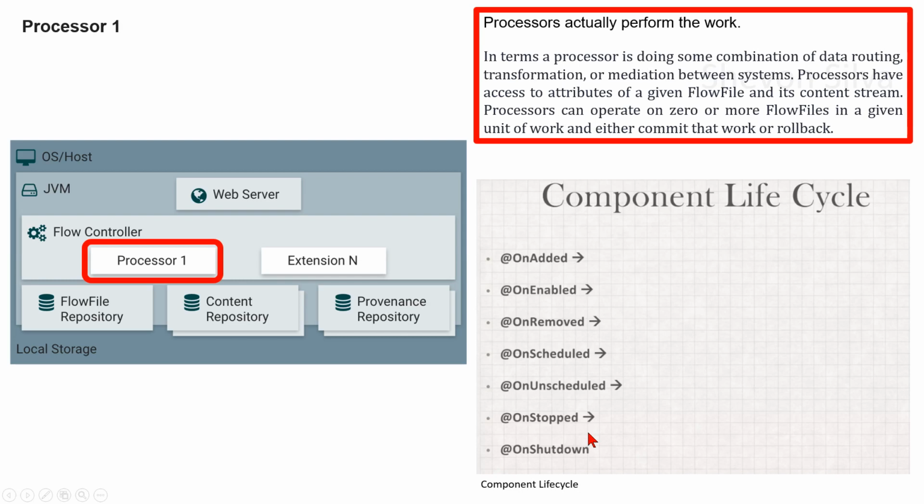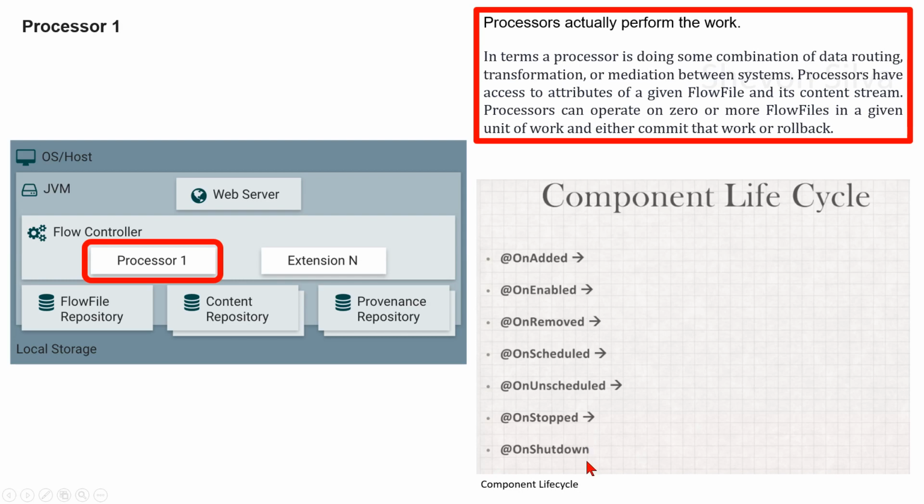Other methods with this annotation will still be invoked. Methods with this annotation are permitted to take either 0 or 1 argument. If an argument is used, it must be of type ConfigurationContext if the component is a reporting task, or of type ProcessContext if the component is a processor.